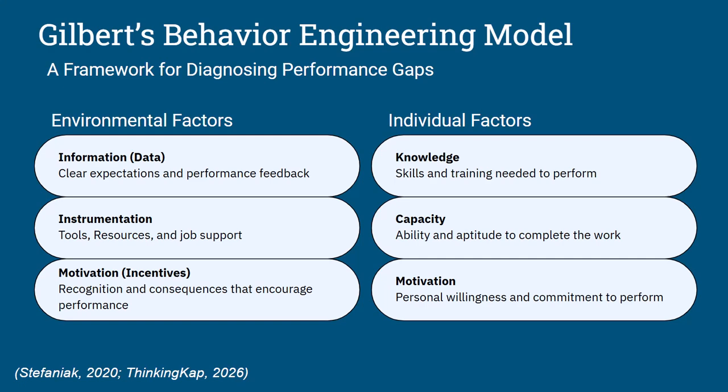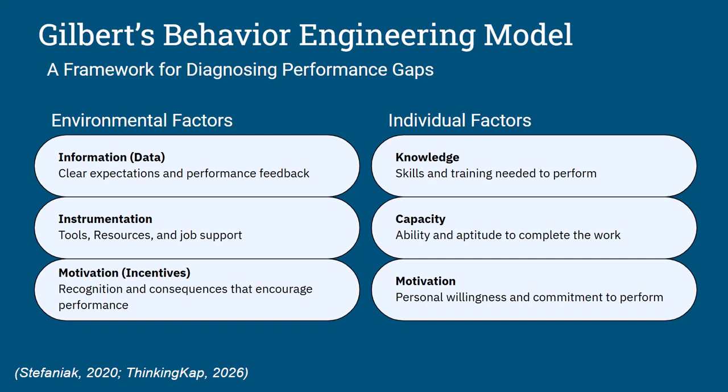Gilbert's Behavior Engineering Model is a performance analysis framework developed by Thomas Gilbert. Rather than assuming poor performance is caused by employees, the model examines 6 factors that influence workplace performance.